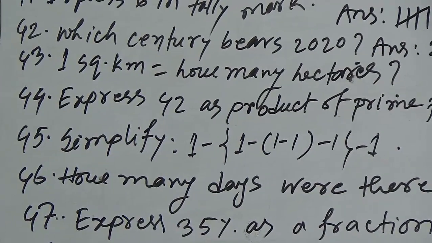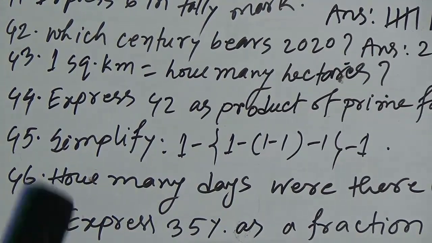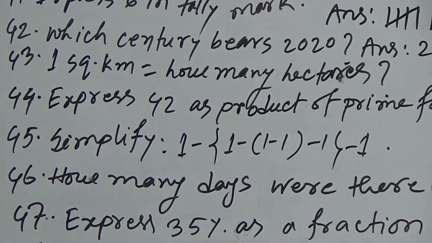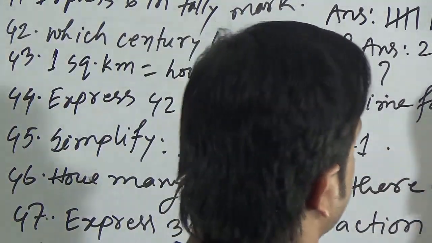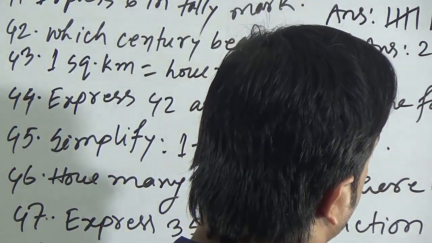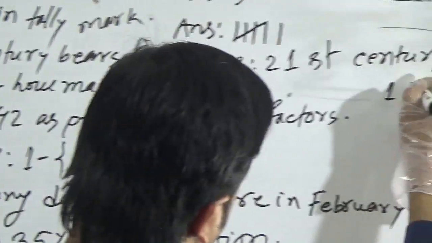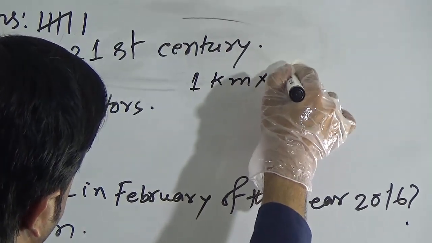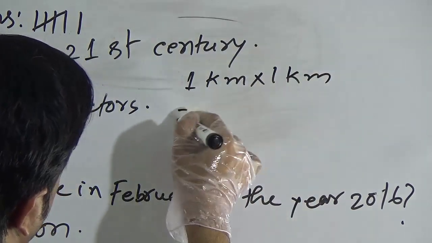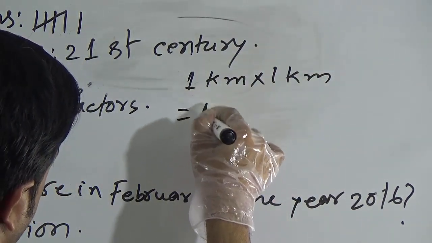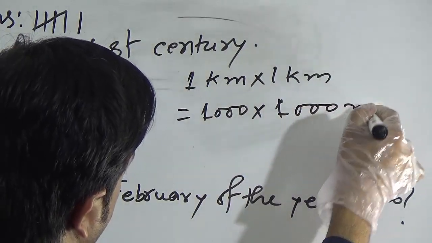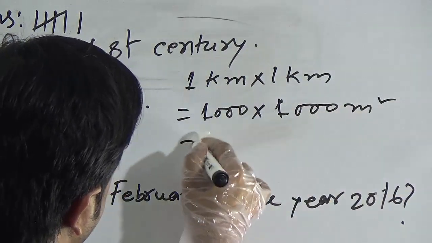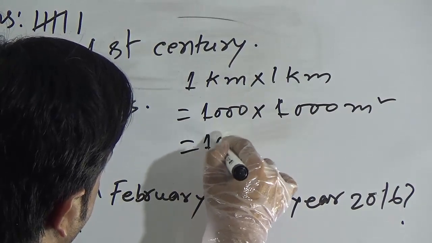Now question 43. 1 square kilometer is equal to how many hectares? At first we have to know 1 square kilometer is how many square meters. We know 1 square kilometer means 1 kilometer multiplied by 1 kilometer. So we can write 1000 meter multiplied by 1000 meter. If we multiply, we will get meter square.